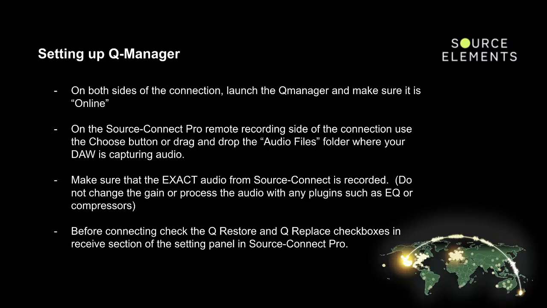The next thing is the engineer needs to make sure that they are recording the exact output of Source Connect. So this means that you can't change the fader, like lower the gain, or run it through a compressor or an EQ. You have to record exactly what comes out of Source Connect. And then finally, before connecting, the engineer needs to make sure that they check the Queue Restore and the Queue Replace checkboxes in the Receive settings section in Source Connect Pro.